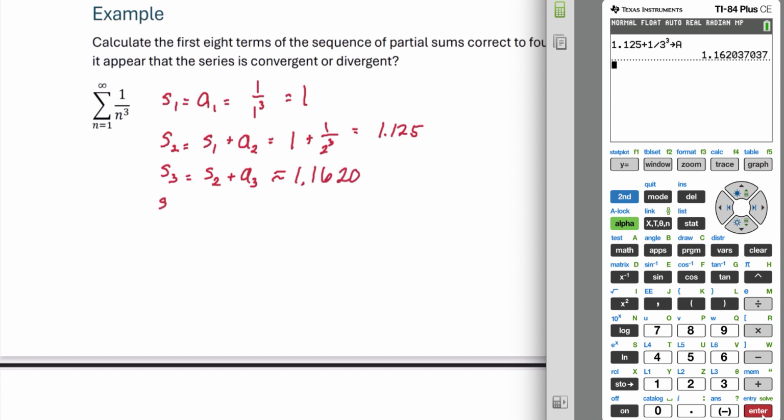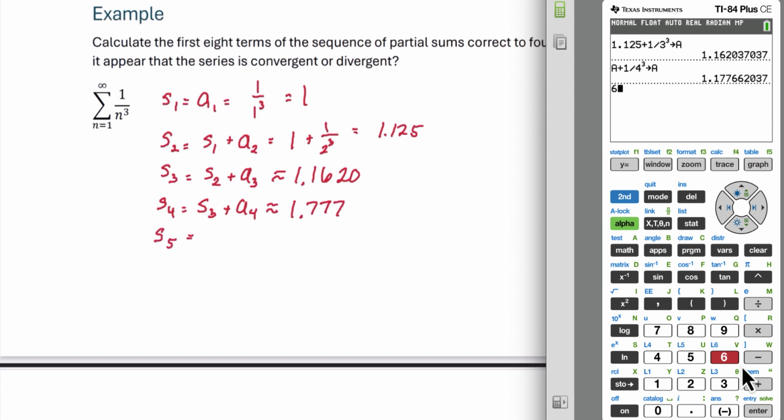Up next we have S4, that is the previous sum plus A4. So in the calculator, I'm going to pull up S3, which is the stored value. So alpha A plus A4 is 1 divided by 4 cubed. And again, we will store this so we can use it in the next sum. Here we get 1.177.